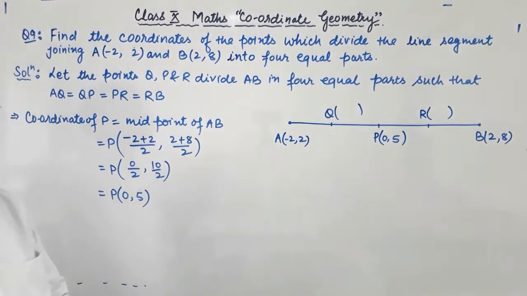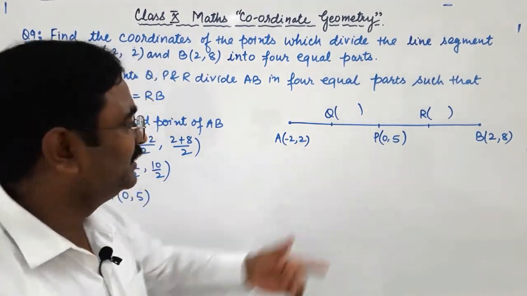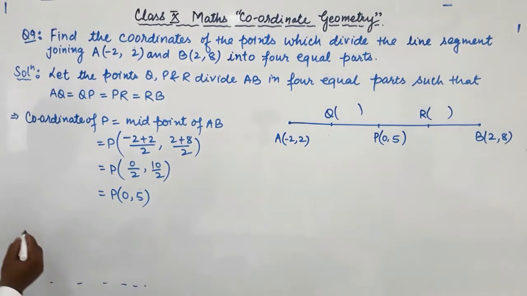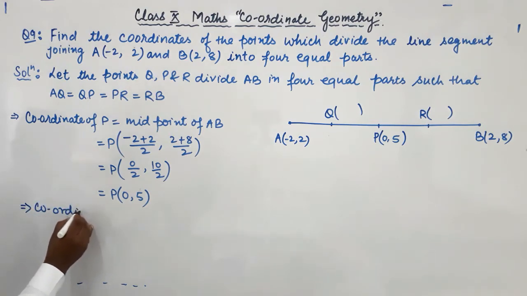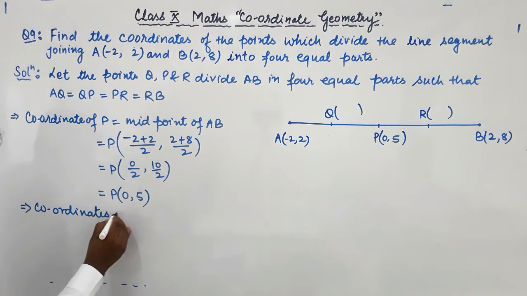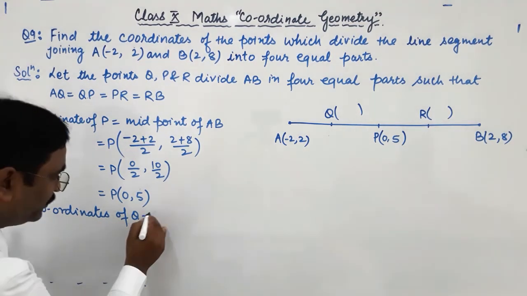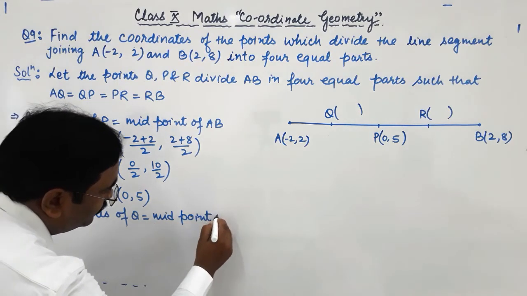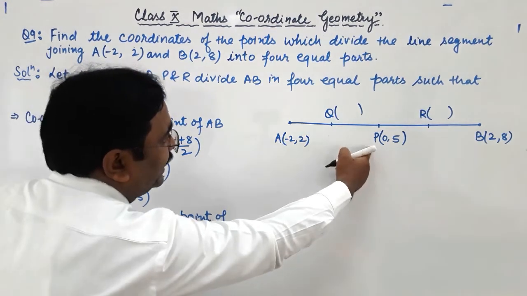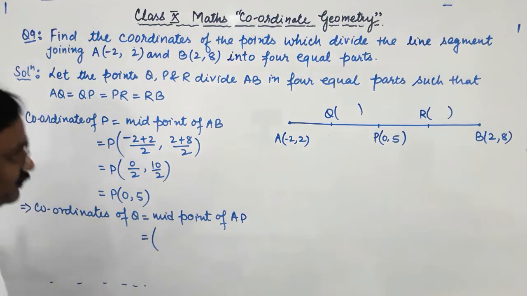Now we got the coordinates of P, 0, 5. Now to find the coordinates of Q, Q is the midpoint of AP. So the coordinates of Q equal the midpoint of AP. Okay, let us substitute the values.